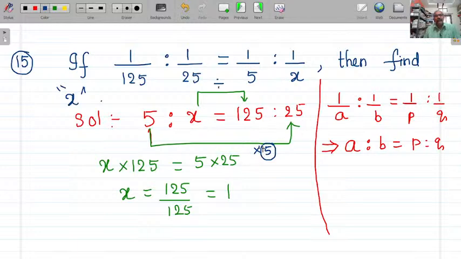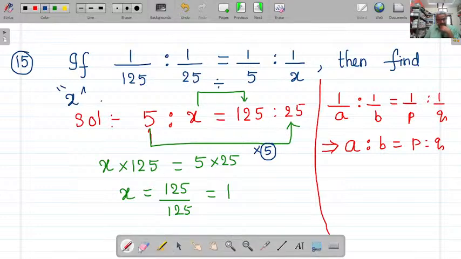Okay, it does not work, right? I will check it now. So 1 is your answer.